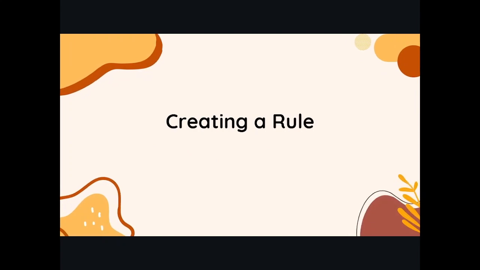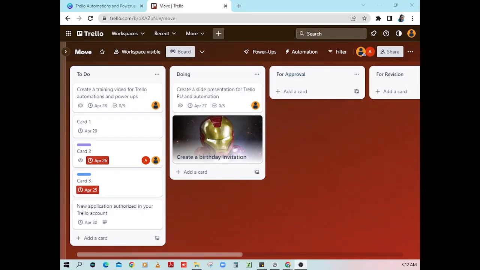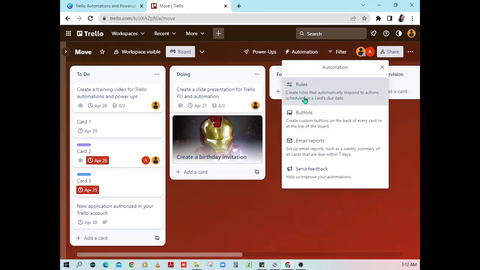Let's talk about rules. Rules automatically execute actions on your board in response to changes, or triggers, that happen in Trello. To create a rule, you need to configure a trigger and action for your automation. Are you ready to rule your board? Let's do this. Let's hit automation and click rules.